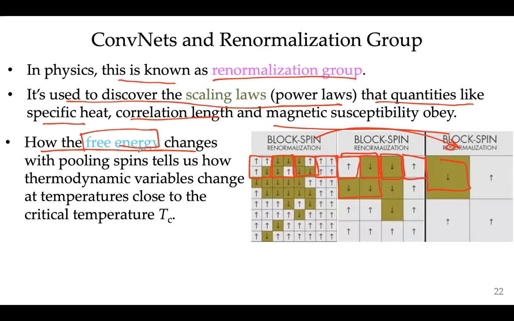How the free energy changes with pooling or averaging spins tells us how thermodynamic variables change at temperatures close to the critical temperature. So in physics, we use this to get an idea about the exponents of functions like specific heat, correlation length, and other thermodynamic variables.